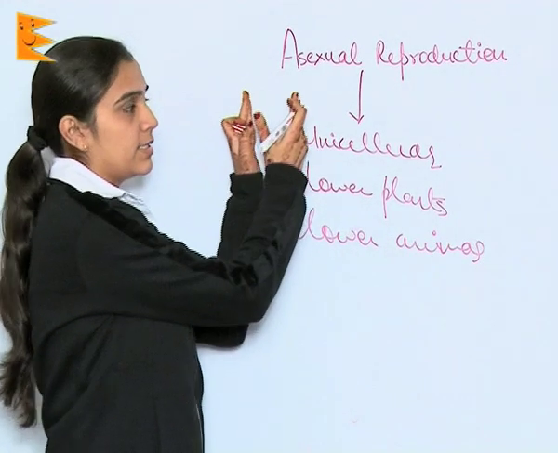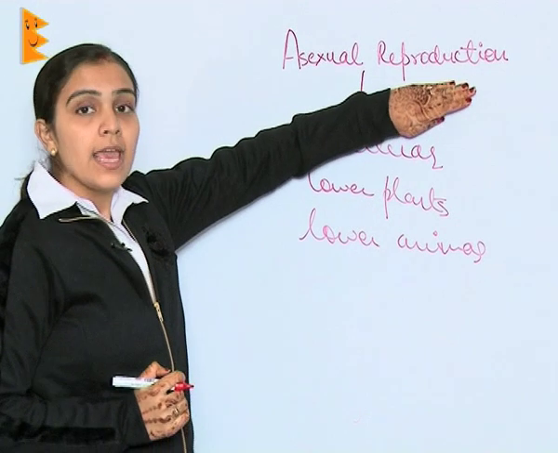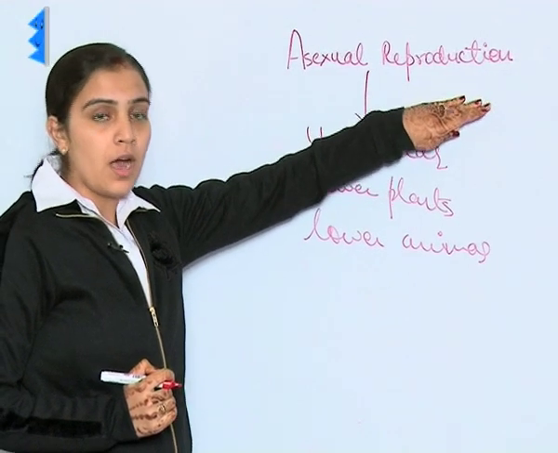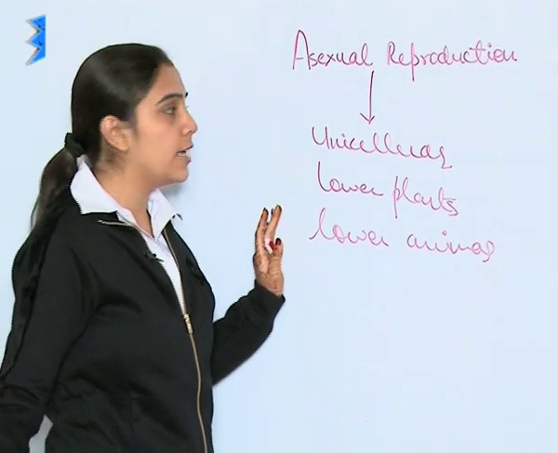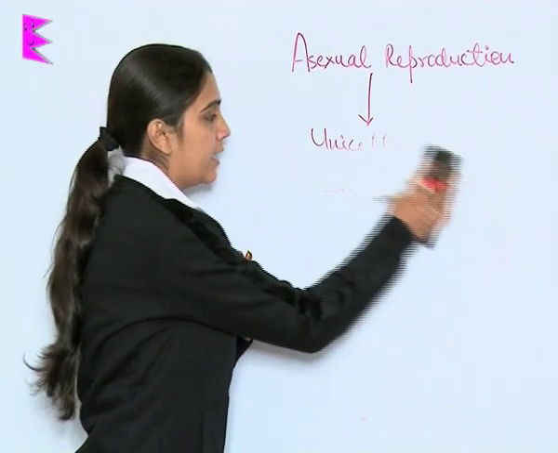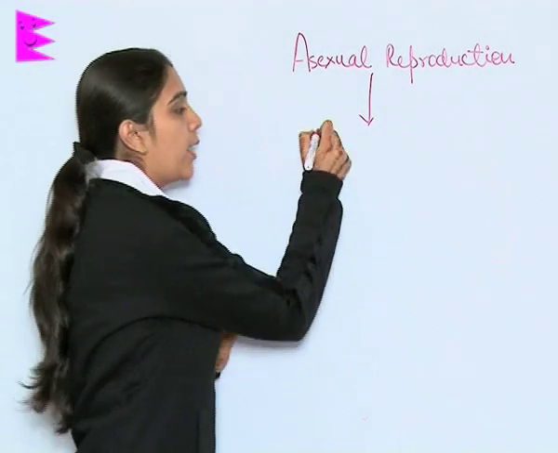The various processes involved in asexual reproduction are, the first process which we will be studying is binary fission. In binary fission, what happens?